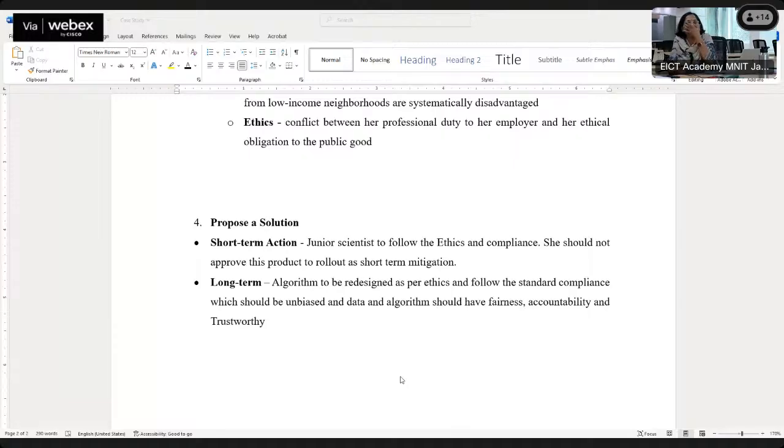For example, we get data from where the connectivity is proper, people are aware, and they are honest enough to give the actual information.